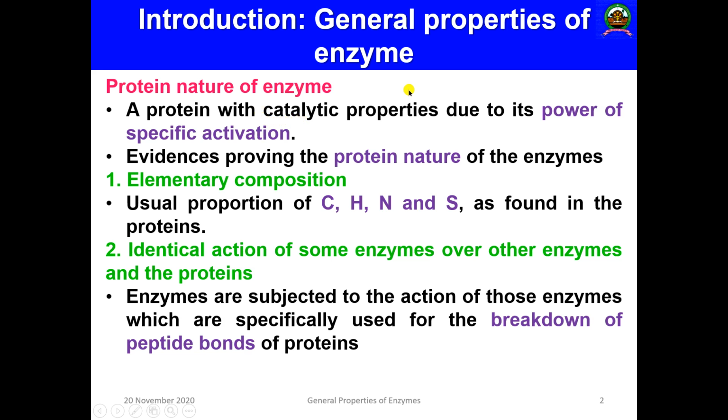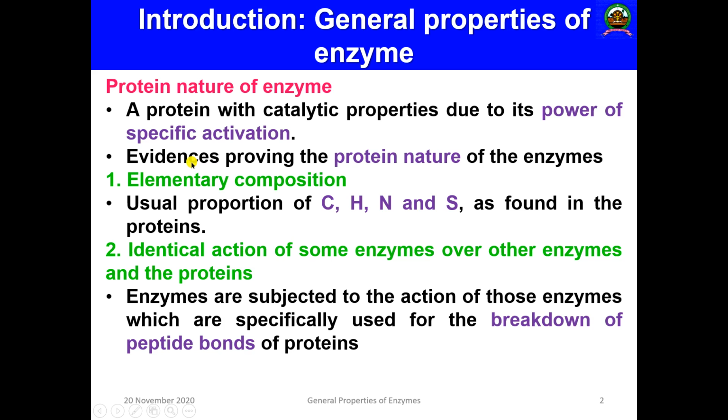They have a specific catalytic property mainly because of their power of specific activation to particular reactions. There is a lot of evidence that provides the protein nature of enzymes, and many concepts clearly reveal that enzymes are proteins.